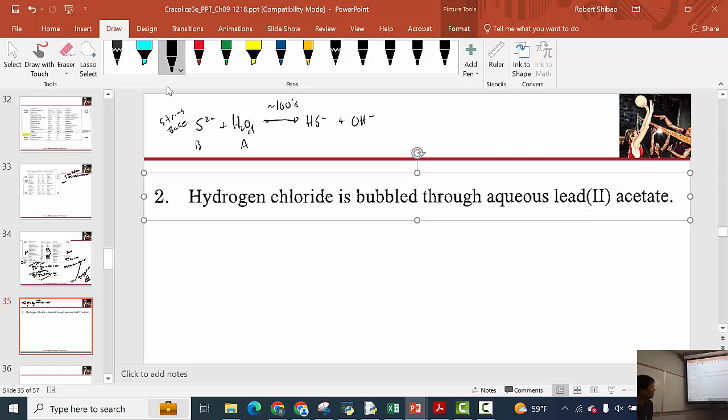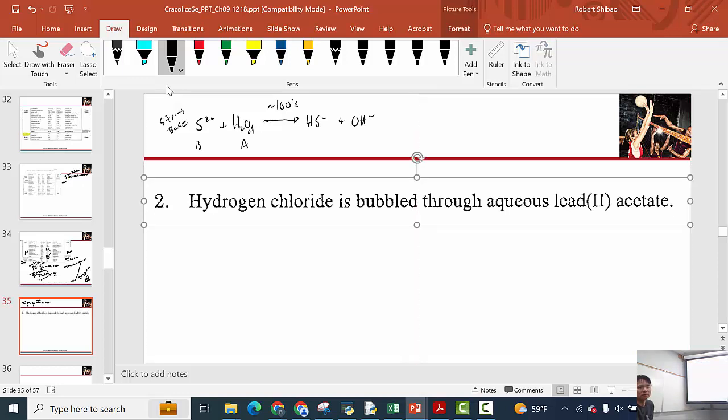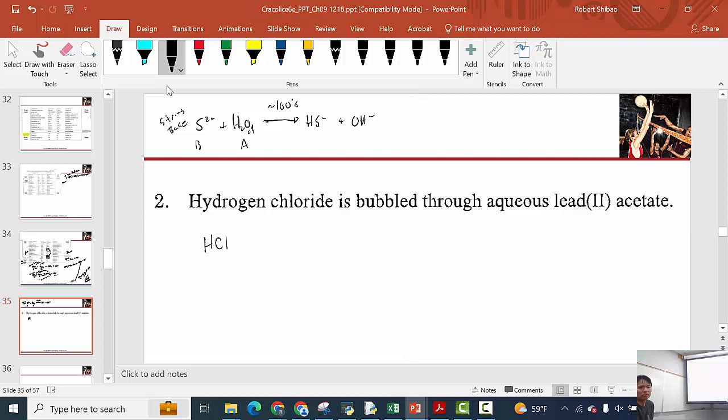Hydrogen chloride. What's the formula for hydrogen chloride? HCl. Solid, liquid, gas, or AQ? They say it's bubbled, so if you're going to bubble something, it must be a gas. It's bubbled through aqueous lead-2 acetate. What's the formula for lead-2 acetate?